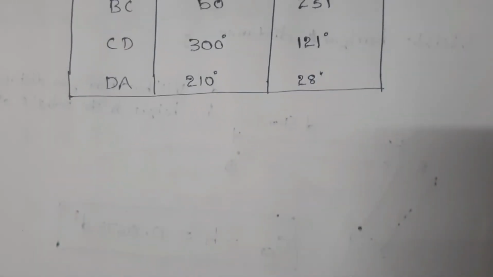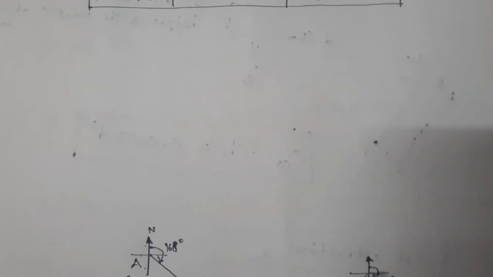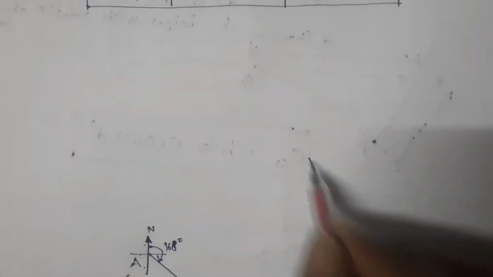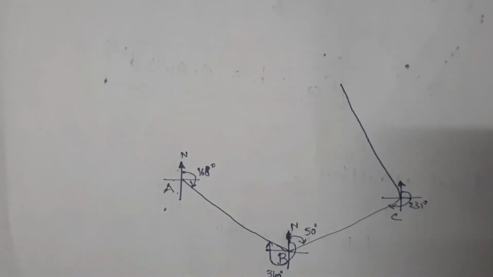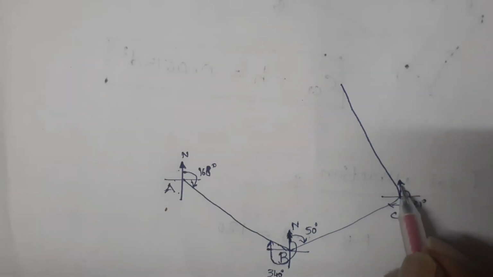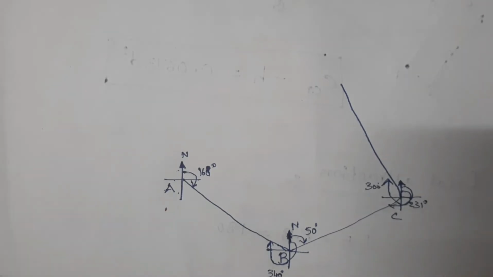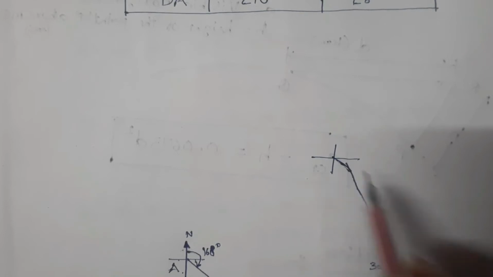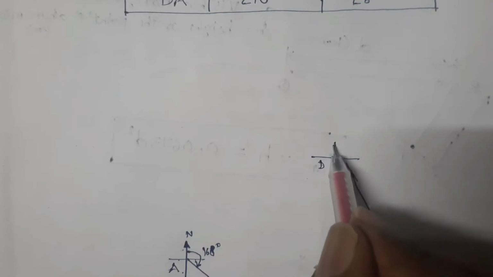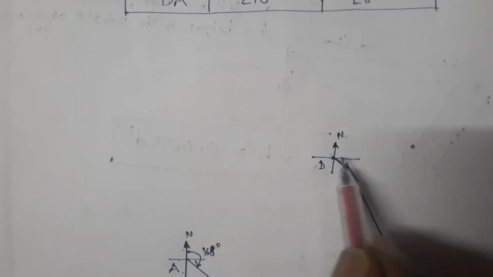Next, CD. Forebearing is 300, back bearing is 121. So forebearing is from here to here, 300 degrees. This is D point, north direction.